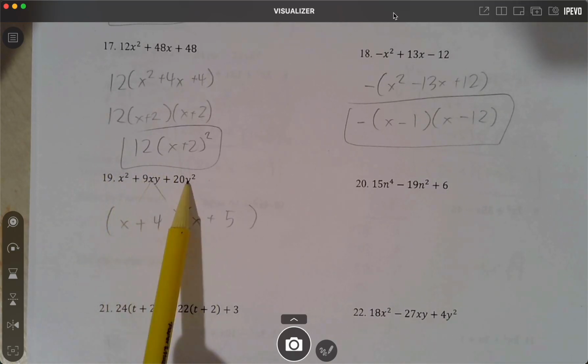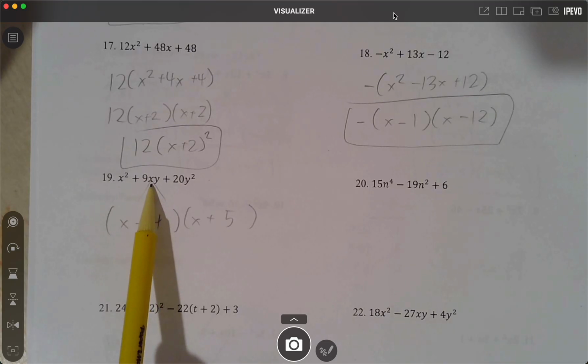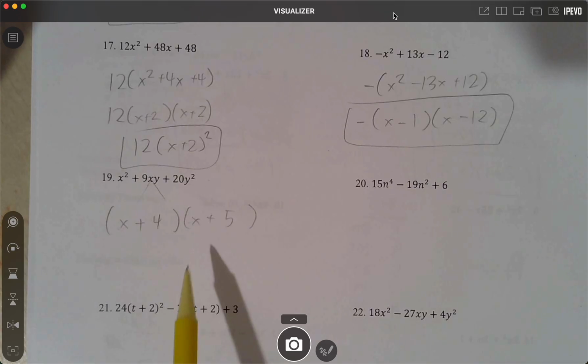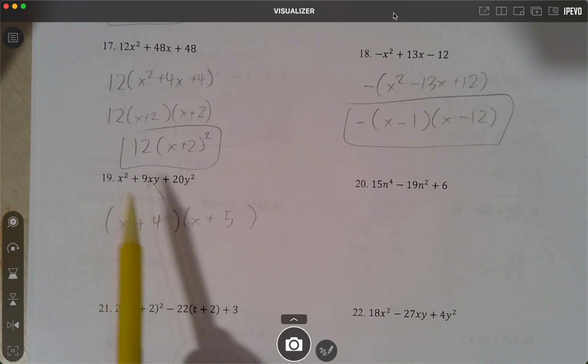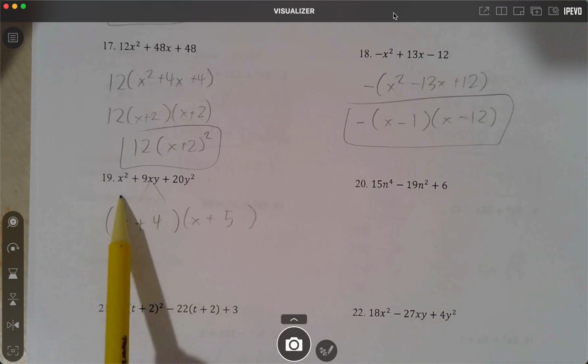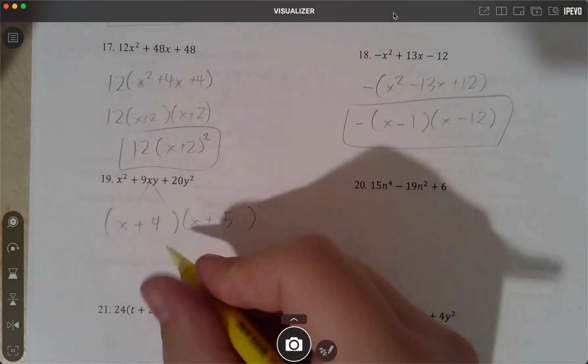When the 2, 1, 0 starts on the left, the 1 of the bunch, the single x, ends up being what you put in parentheses. Because the 2, 1, 0 started on the left, my x's go on the left. Now the 2, 1, 0 starts on the right. Guess where your y's go? On the right.